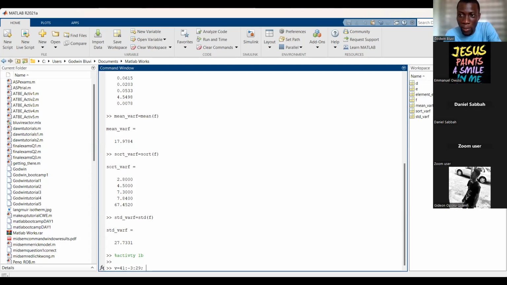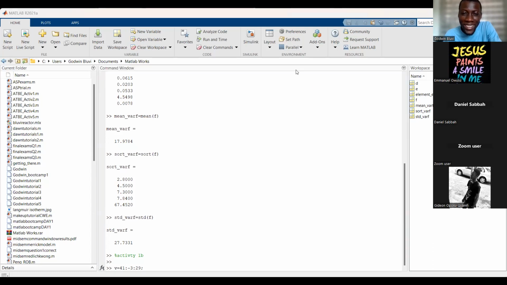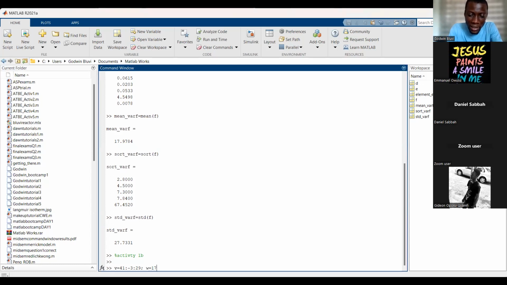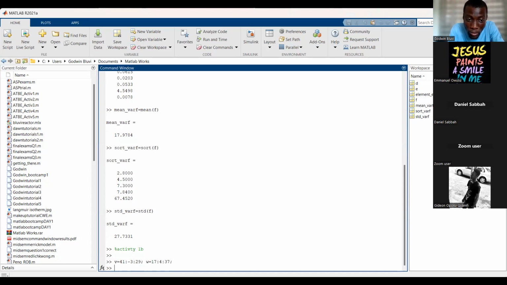That's for this particular type of computation. So W is 17, 4, 37.